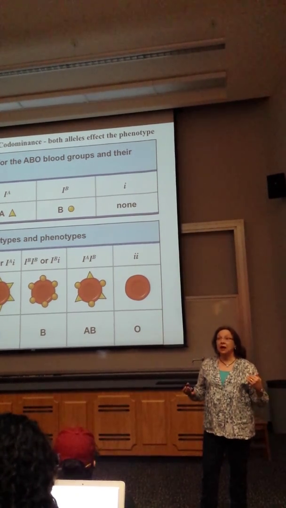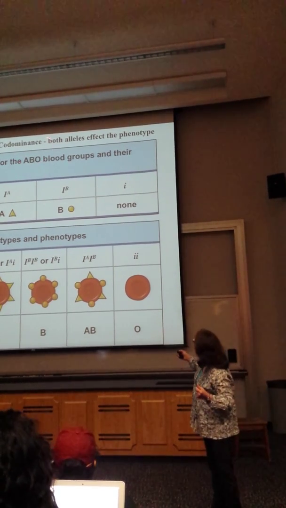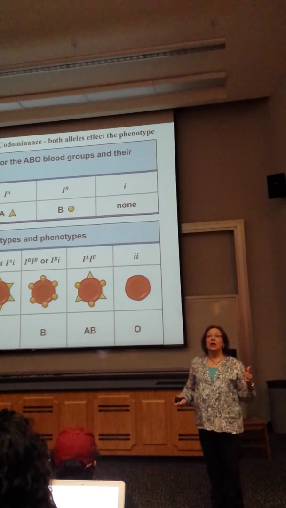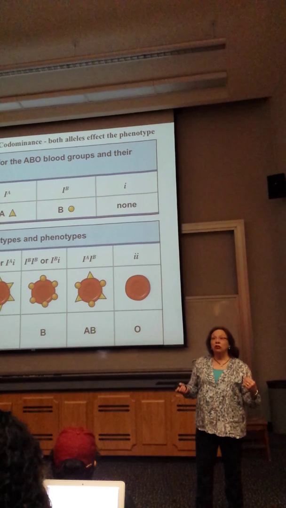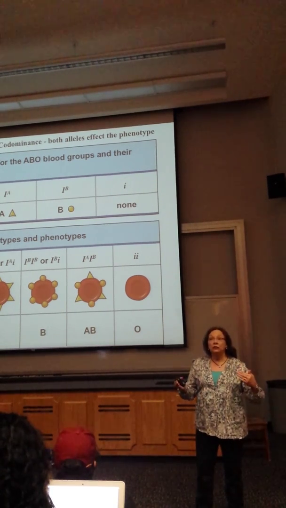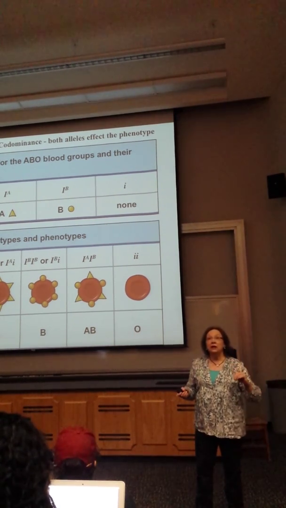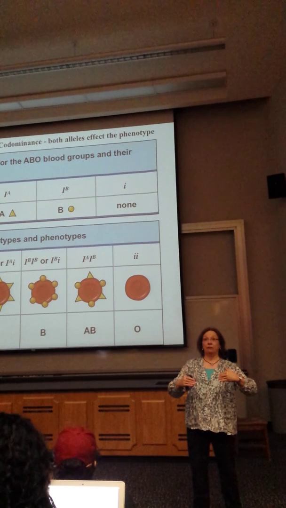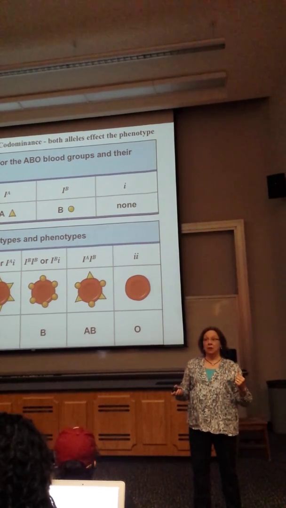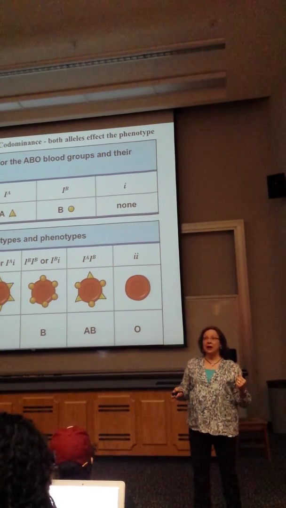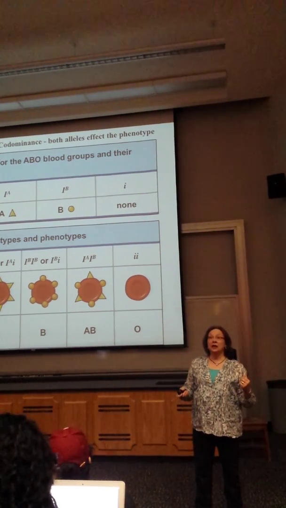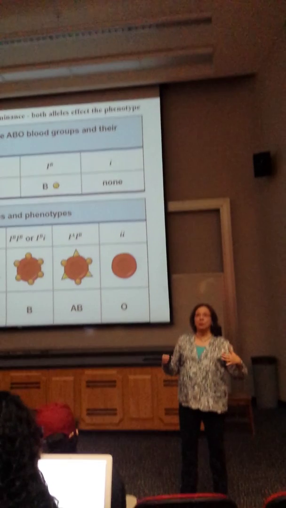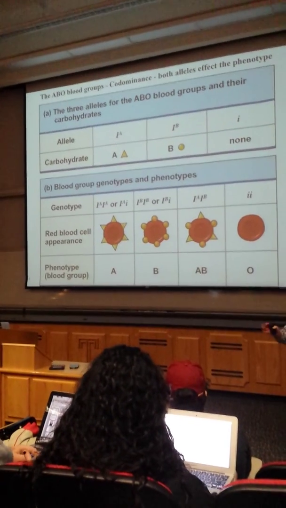So I'm going to say that again. Codominance actually is referring more to the function of the protein products produced from each allele for every gene that we have. Are we okay? I'm going to repeat it again because your book really doesn't go into this at all.